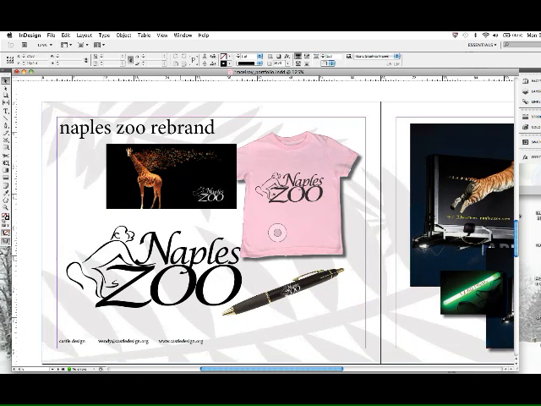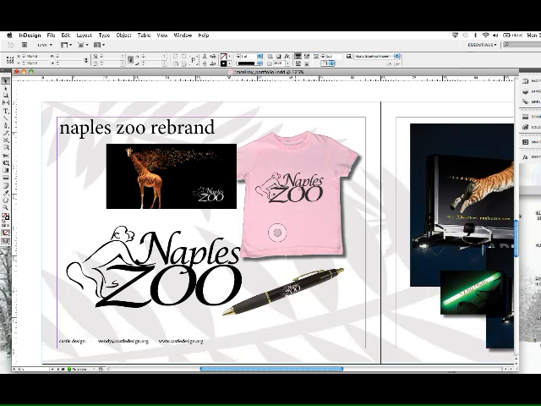Types of objects or items you could create for your page 5 are postcards, T-shirts, of course pens. Remember that amusement parks have bumper stickers. They have the magnets that you put on your refrigerator to remember your trip. They sell stuffed animals in the store.